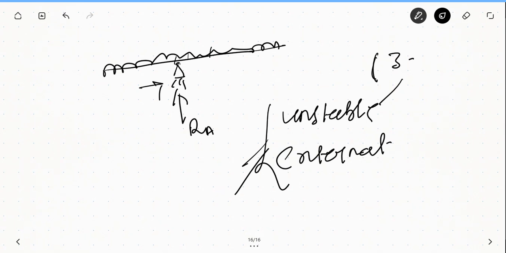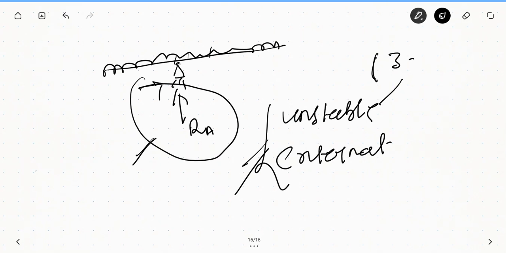One reaction is less than the number of equilibrium equations available to us. So for this kind of structural unit you cannot draw the SFD or bending moment diagram. It is another thing that an influence line diagram is possible. You can draw an influence line diagram, but bending moment and SFD are not possible.